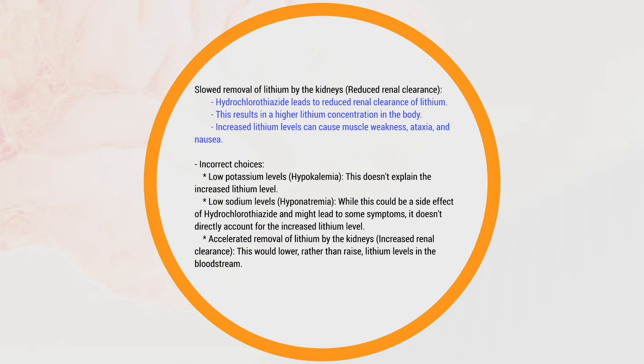Increased lithium levels can cause muscle weakness, ataxia, and nausea. The other options are incorrect because they do not answer the question. The option that says accelerated removal by the kidney would increase renal clearance. This would lower rather than raise the lithium level in the bloodstream.